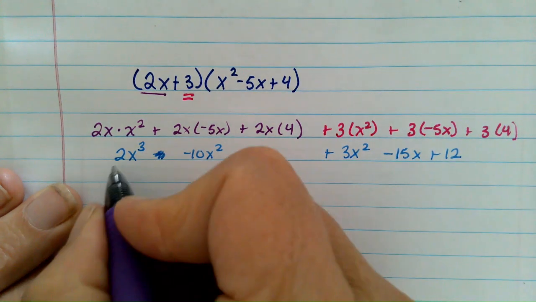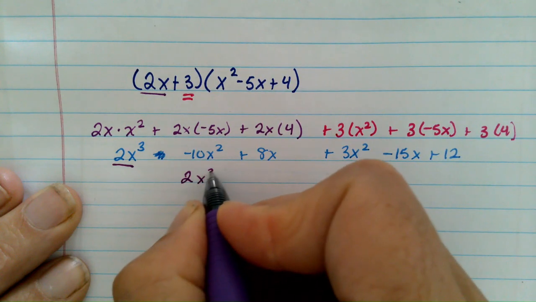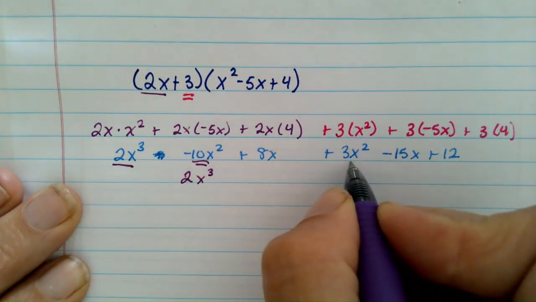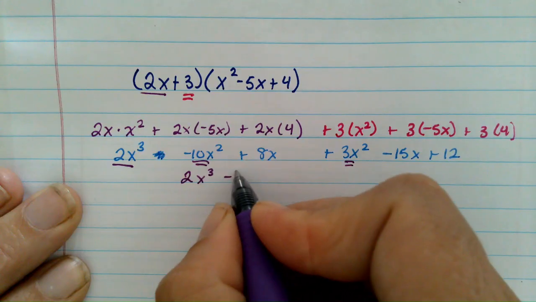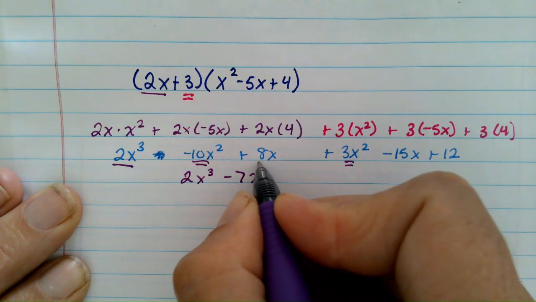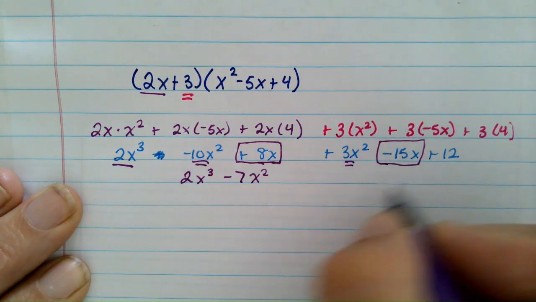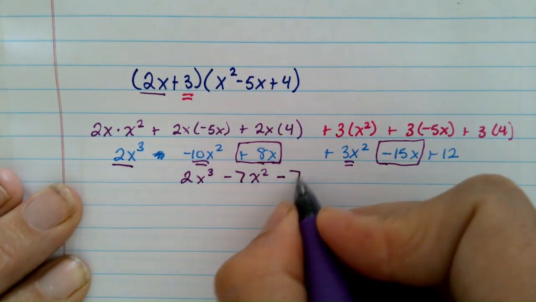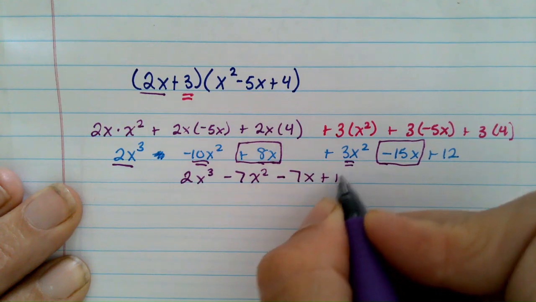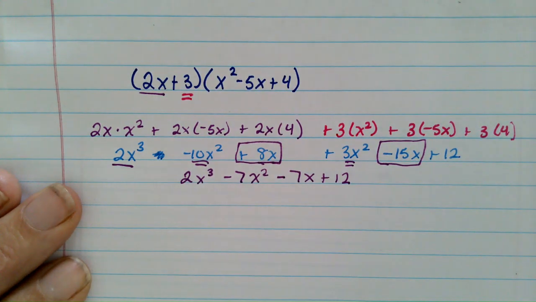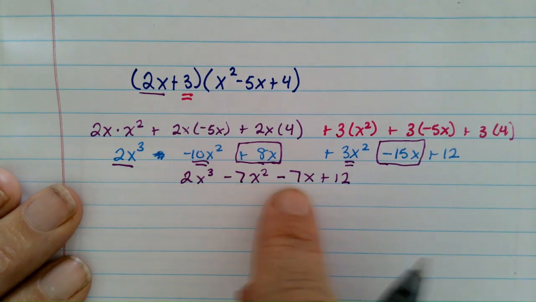So there's only a 2x cubed. Here's the x squared, so negative 10 plus 3 is negative 7. Here's a plain x, and here's a plain x, so plus 8 minus 15 makes negative 7. And then there's that plus 12 at the end. And this is also written in standard form because the power is going down as you go, or descending order.